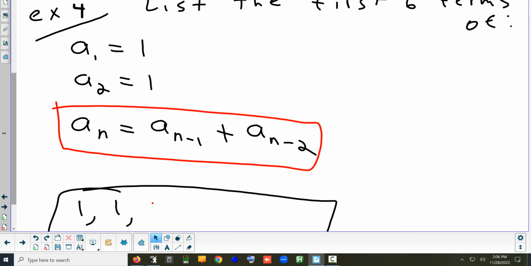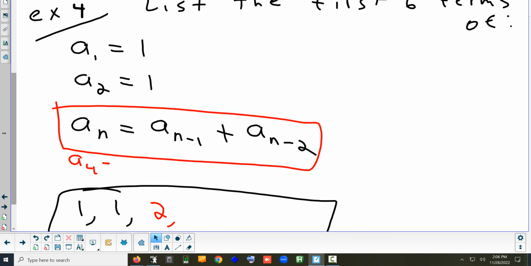What was the next term? 2. And then, so we're finding the third term. No, we're finding the fourth term now.